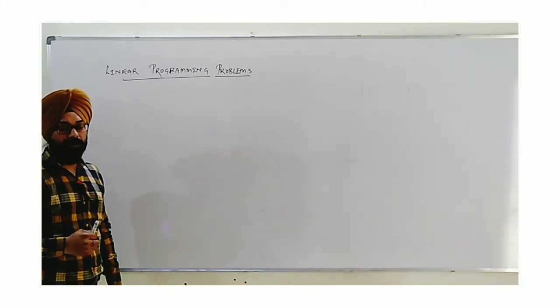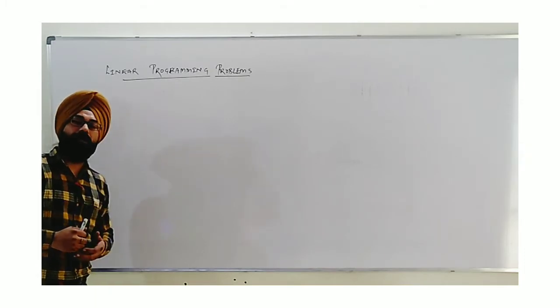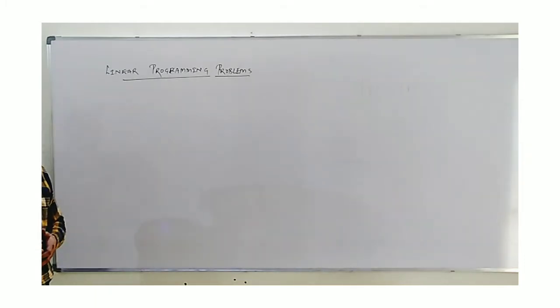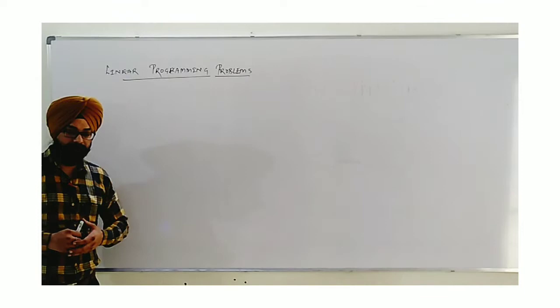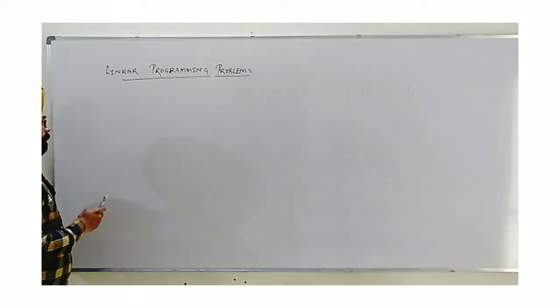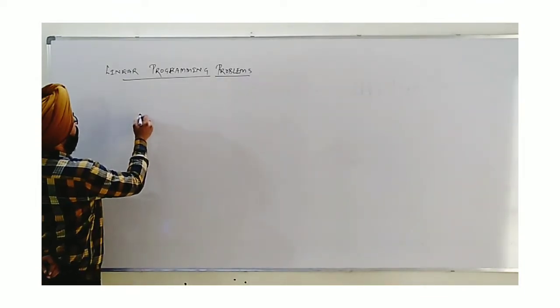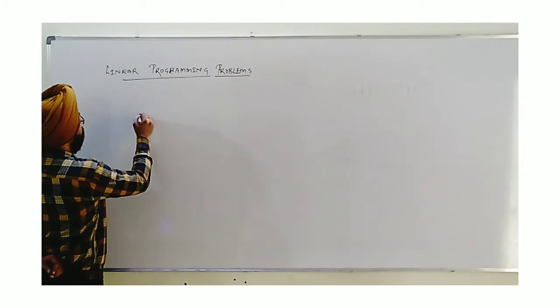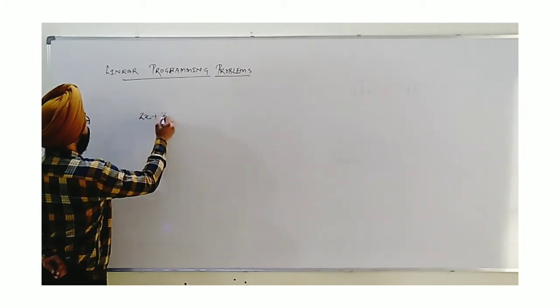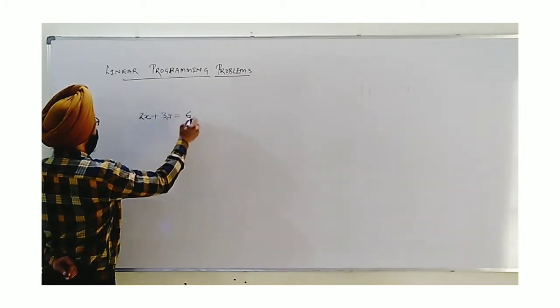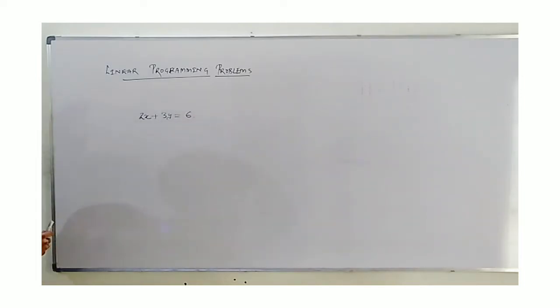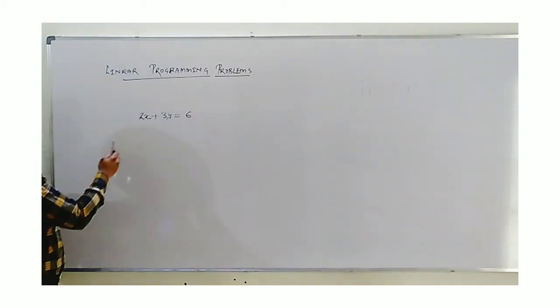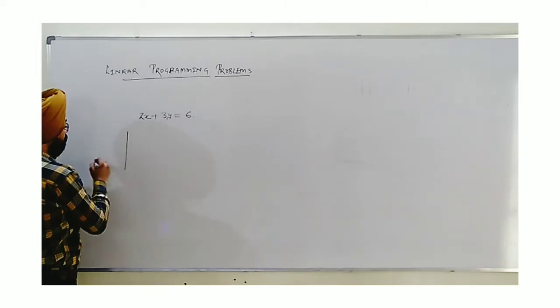First of all, we will take a revision, a recall of the concept of linear inequation, which has been seen by students in earlier classes. I begin with a line 2x plus 3y equal to 6. Suppose I draw this line on the graph paper.